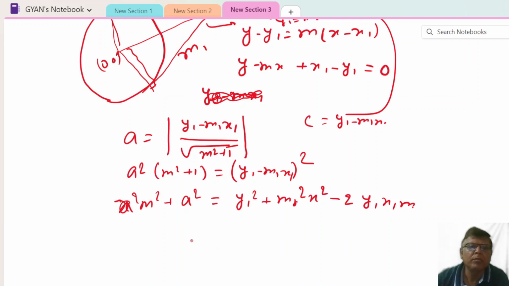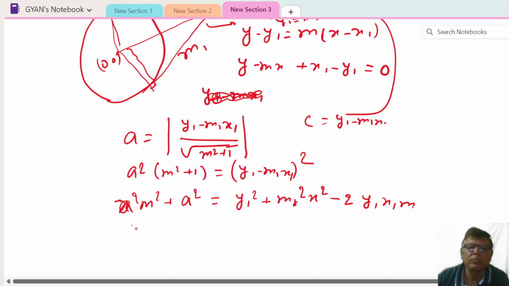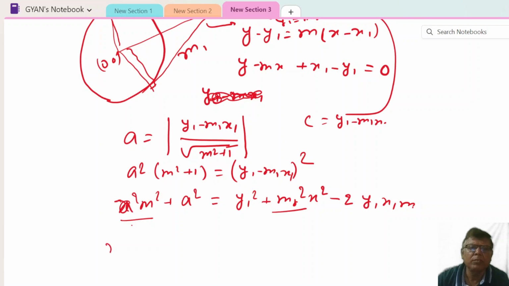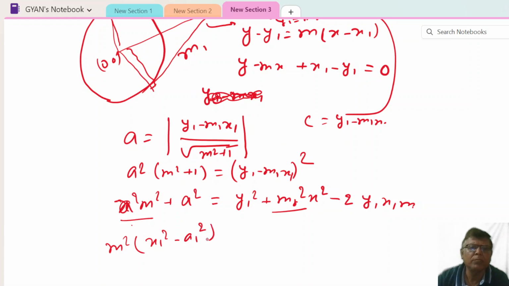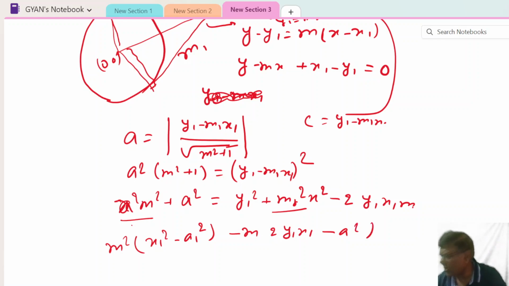So you take this side: m square x1 square minus a square, minus m into 2 y1 x1, and minus a square. So this means the quadratic equation in m.